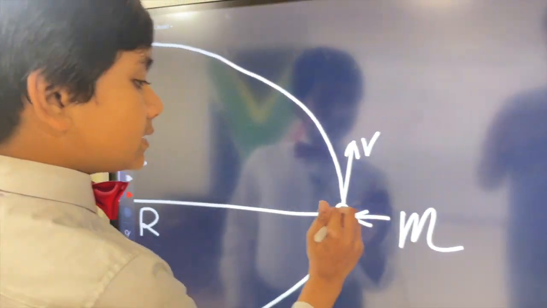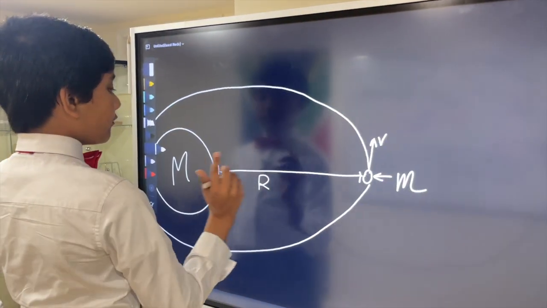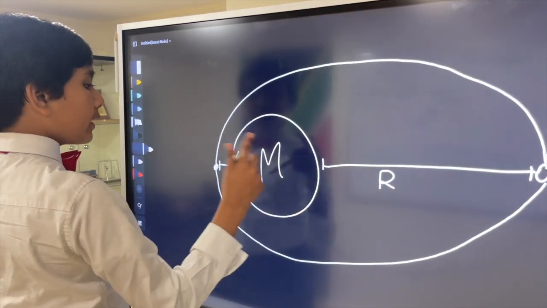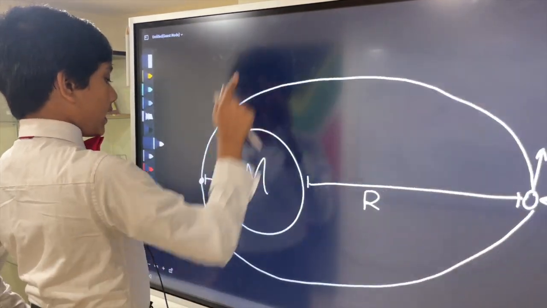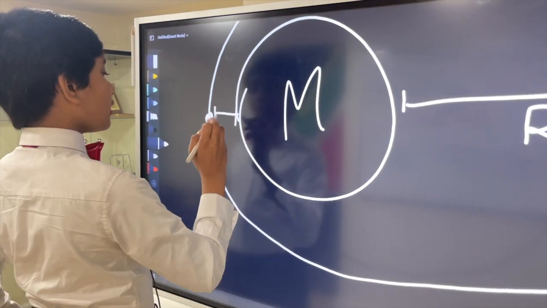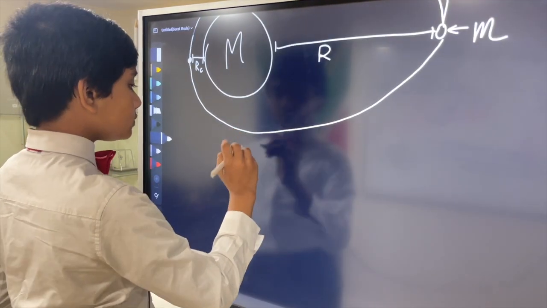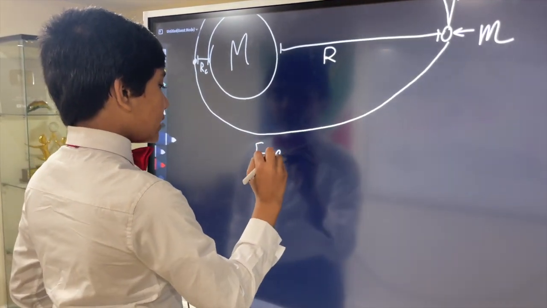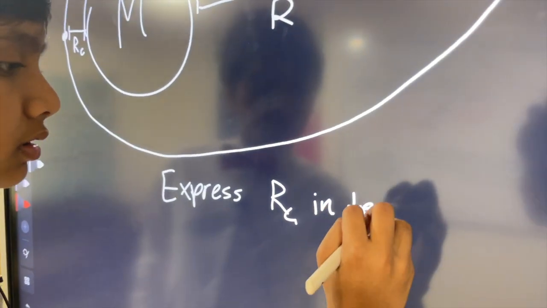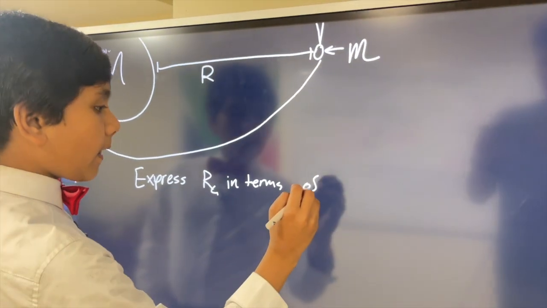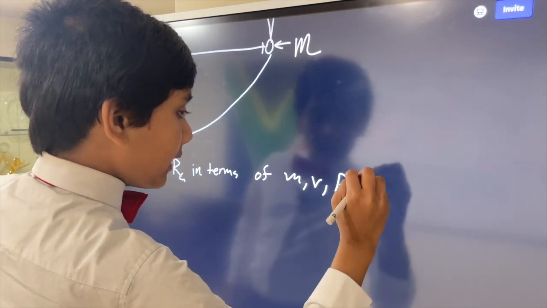If this dust speck has a mass of m, a velocity v, is farthest from the sun at a distance R, and the sun has a mass big M. So it's basically telling us, express this distance, which we're going to call r closest, or RC, in terms of m, V, R, and the big M.